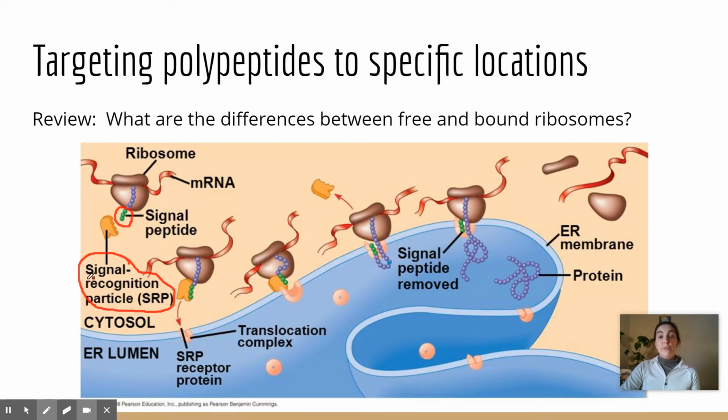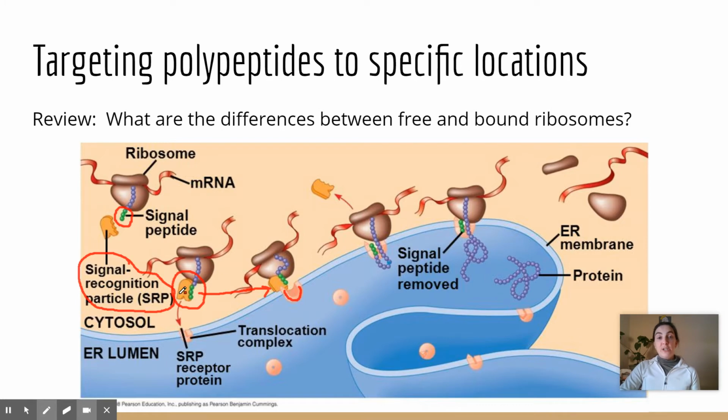And so when the signal recognition particle finds this sequence of amino acids, it bonds to it. And the job of that signal recognition particle is to pull the ribosome over and attach it to this receptor protein on the rough ER.